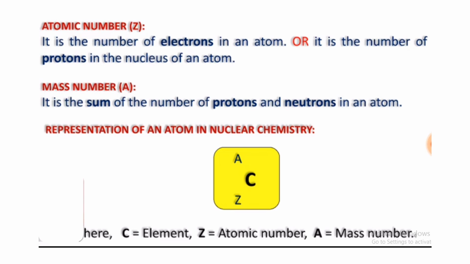Atomic number is the number of electrons in an atom, or the number of protons in the nucleus of an atom. Mass number is the sum of the number of protons and neutrons in an atom. In the representation of an atom in nuclear chemistry, X represents the element, A represents the mass number, whereas Z represents the atomic number.